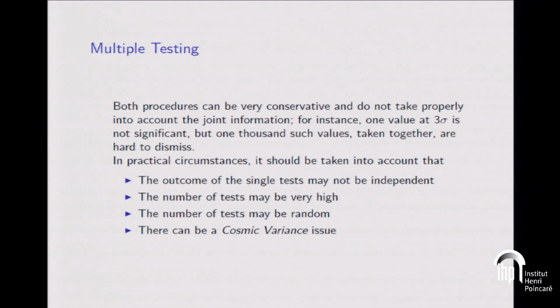And then, for me, the single biggest and even most interesting issue when one deals with cosmological data is cosmic variance. As has been mentioned in some talk this week, all statistics theory has been developed under the assumption that you repeat the experiments.